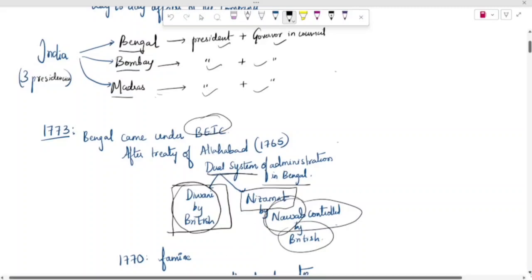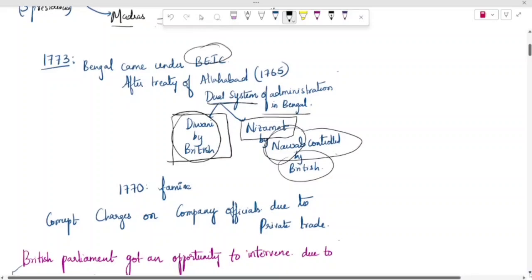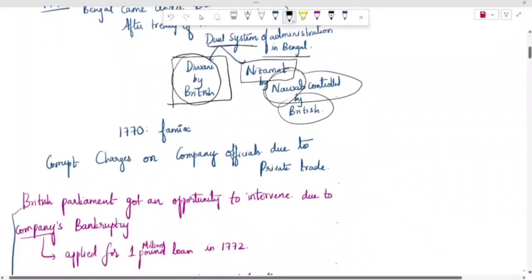Then in 1770, a famine struck, and a quarter of the Bengal population was cleared off. Then there were corruption charges on company officials due to private trade. I told you that company officials became rich rather than the company becoming rich. So the British Parliament got an opportunity to intervene in the company's affairs.